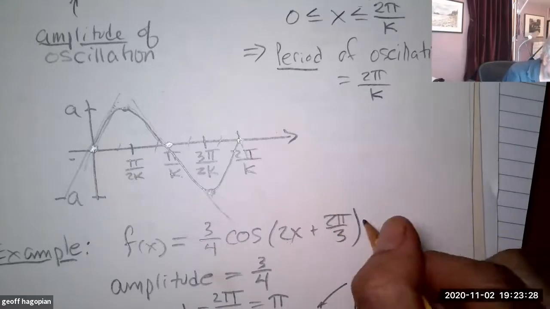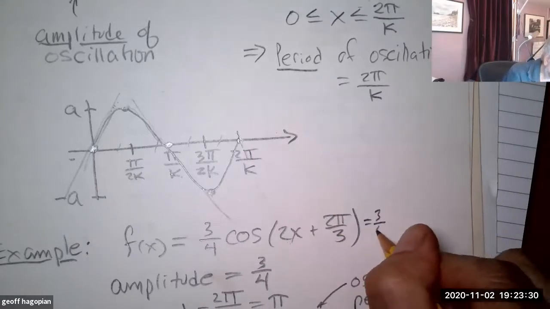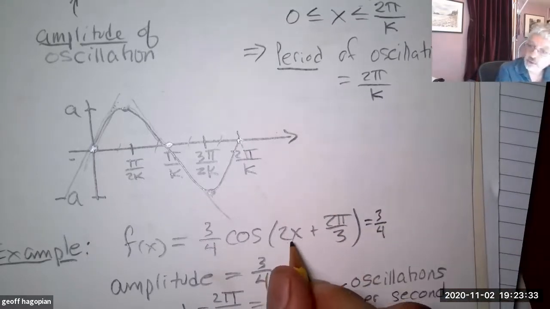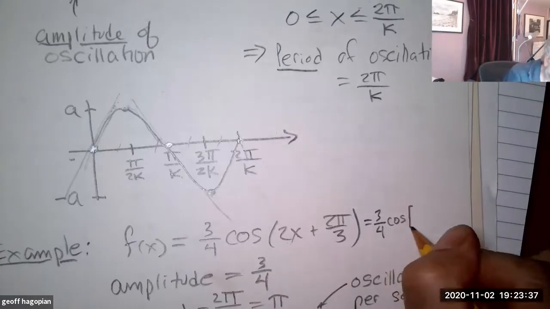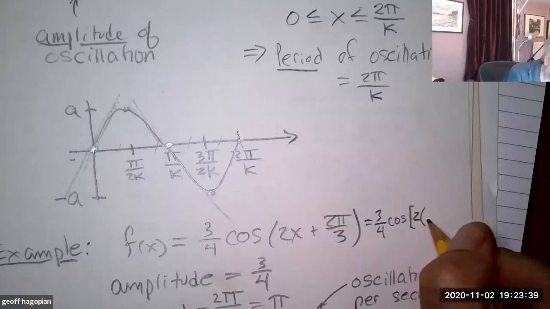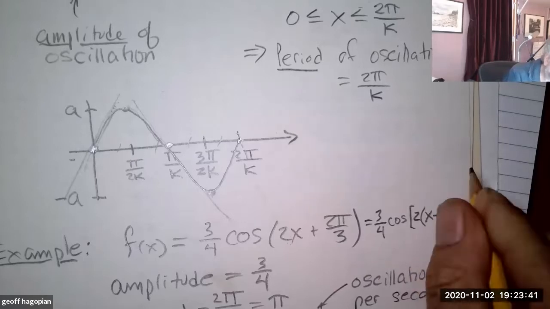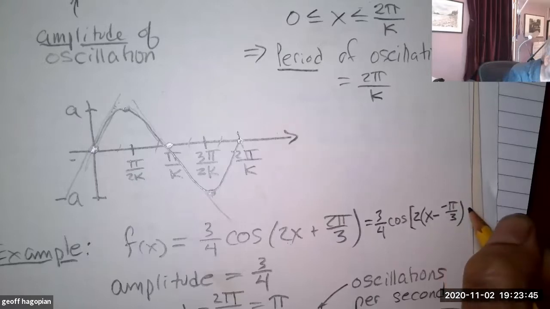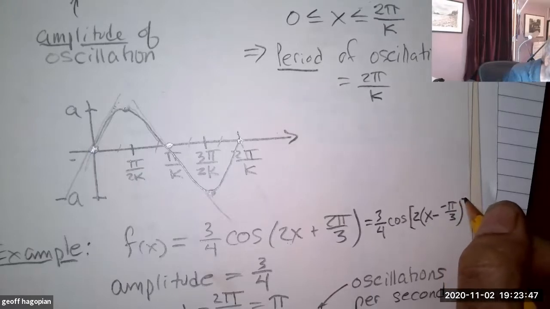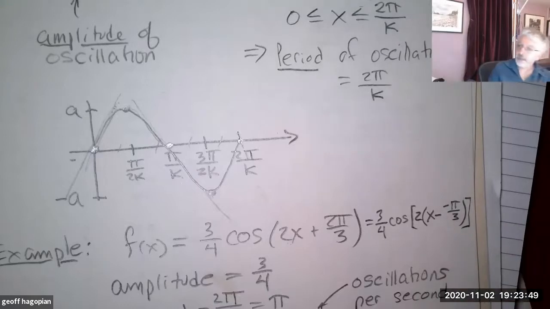To see that, you're going to have to factor out the 2 in here. So this is going to be cosine of 2 times x minus, if you like, negative pi over 3. Do you see why I said, rather than saying x plus pi over 3, I wrote x minus negative pi over 3?